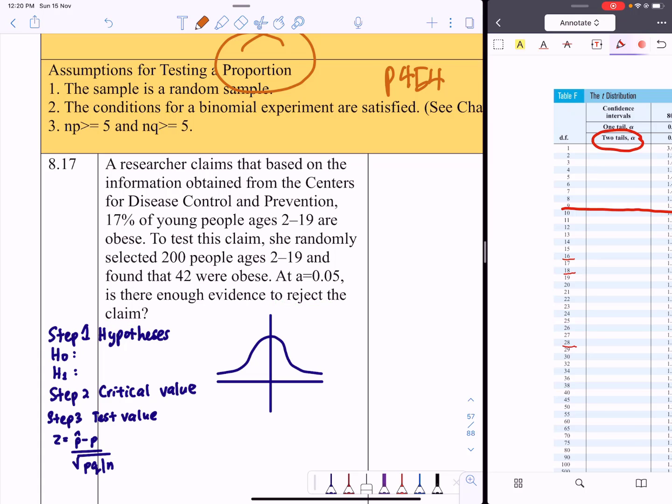Okay, to reject the claim. Preventions, we have the proportion here. Please do remember we have the p hat here and divide by n. P we have for the p is the for population, yeah. P hat dia for the sample. This one is for the population.